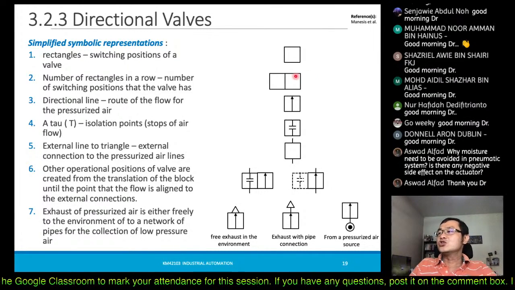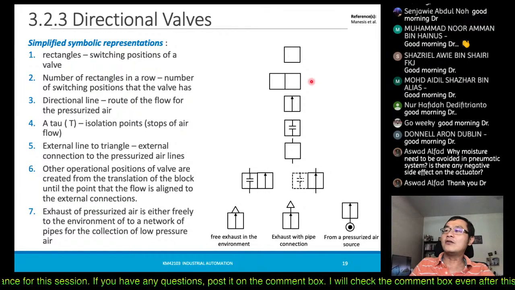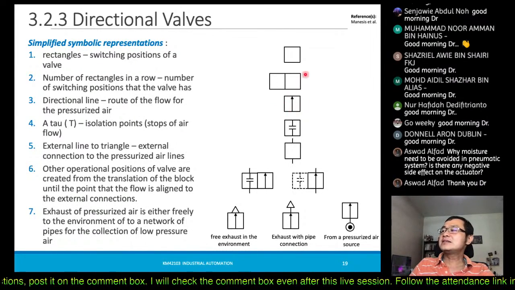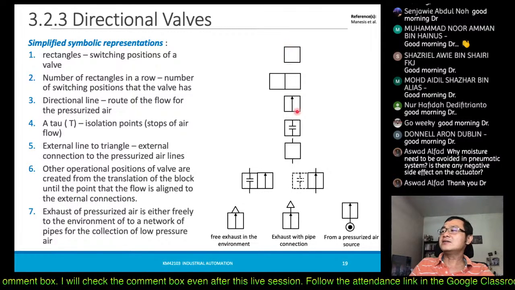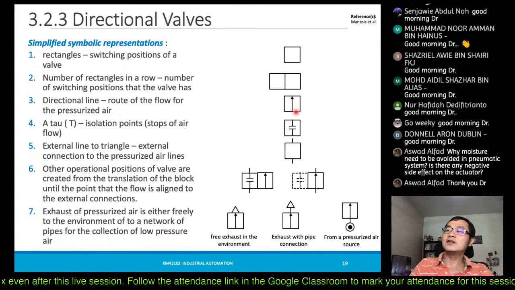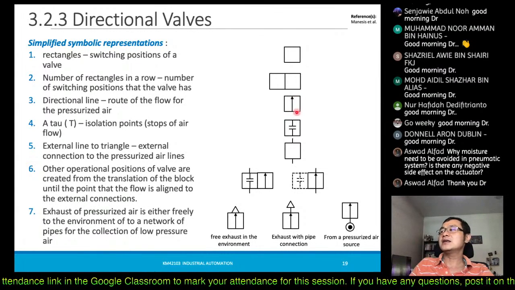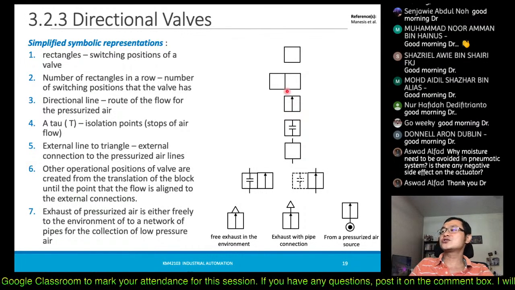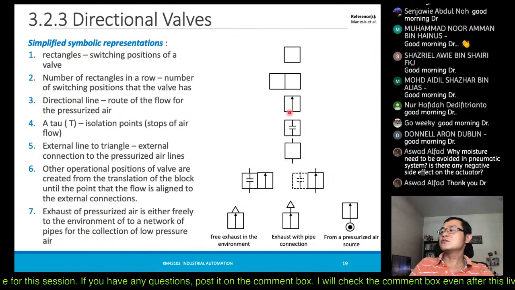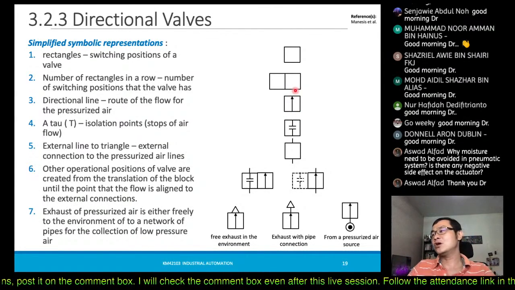So we can say this is the number of switching positions that the valve has. Inside the rectangle, we then draw the route of the flow. It may come from one port to the other port, or in the form of a cross flow, because we may have 4 ports, 2 in and 2 out, and so on.